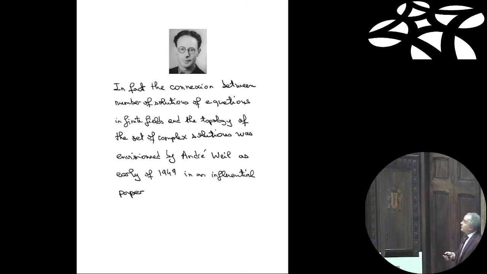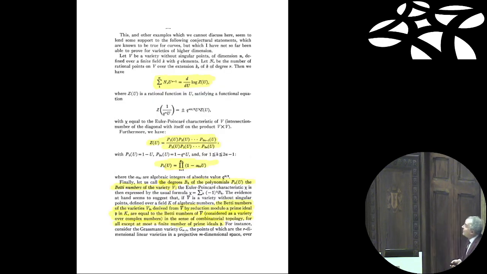So, in fact, the connection between the number of solutions of equations in finite fields and the topology of the set of complex solutions, of which we saw an example, was already envisioned by André Weil in a very influential paper at the end of the 40s. So here I want to show you some excerpts of this paper. You see, okay, let's take a variety, just a set defined by a polynomial equation.